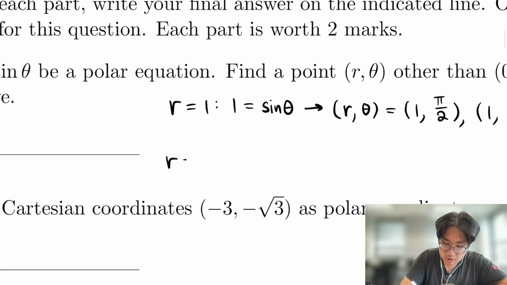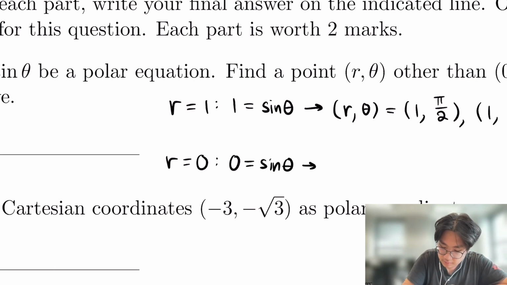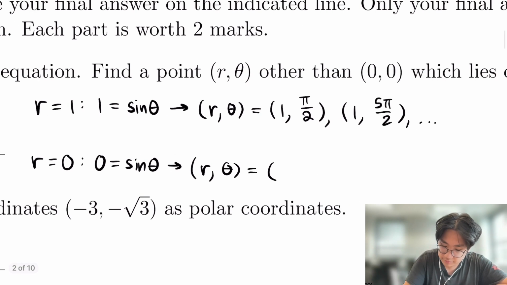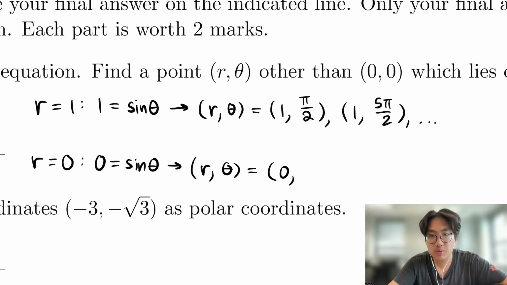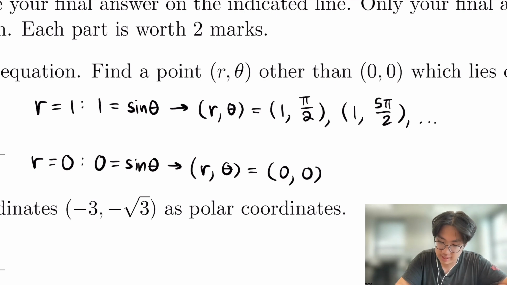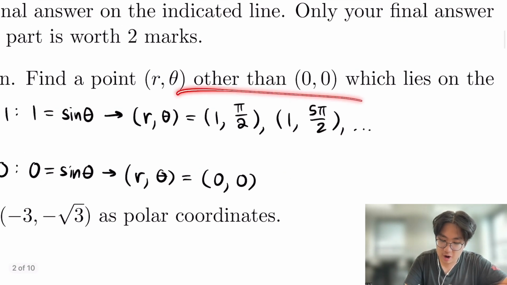The other case is when r is equal to 0, which follows a pretty similar process. You just get 0 is equal to sine theta, which tells you that your points r comma theta will be of the form where r is fixed to be 0, and you're looking for points where sine of theta is equal to 0. Obviously 0, 0 is a point, but as per the question, we want a point other than 0, 0.